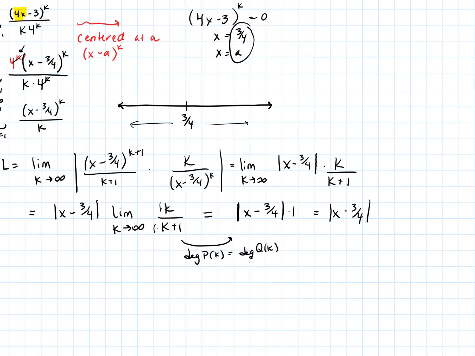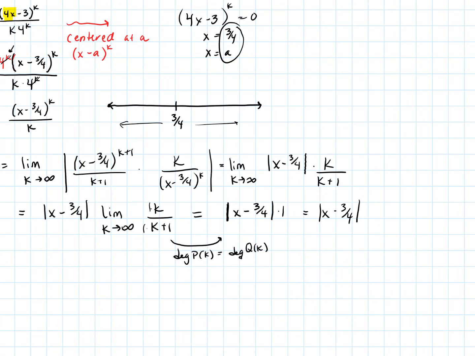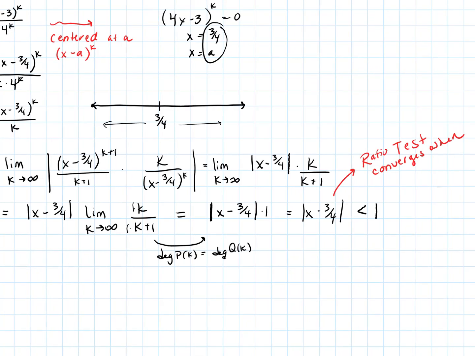But remember what our ratio and our root test say: this has to be less than 1. The root test tells me that we have convergence... we didn't do the root test, we did ratio, but the root does the same thing. It converges when this limit is less than 1.